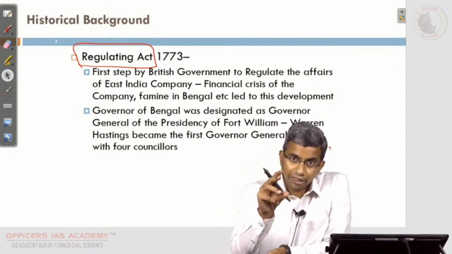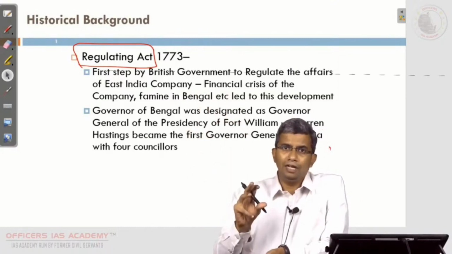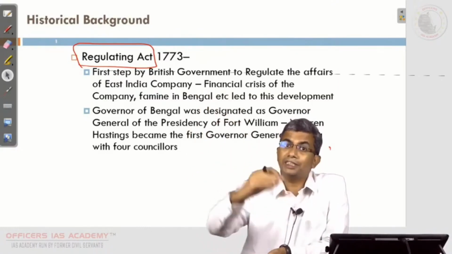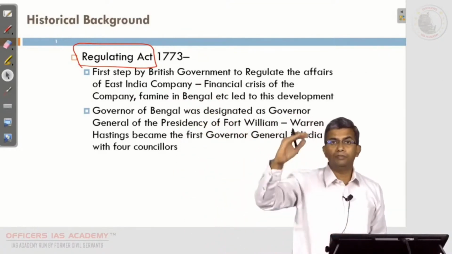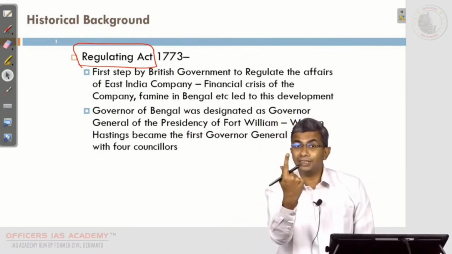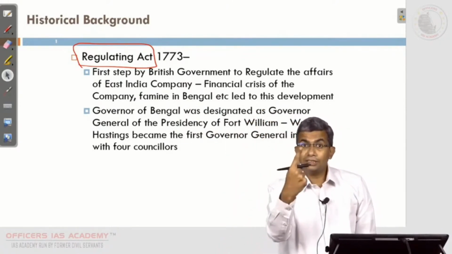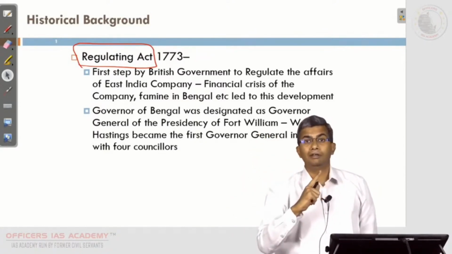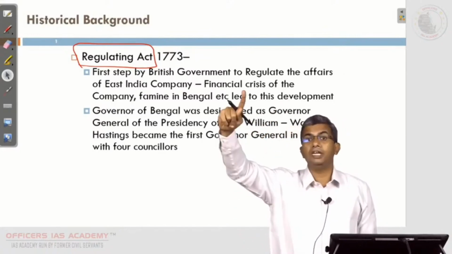He was the Governor General of the Presidency of Fort William in Bengal. But the other presidencies, for some of the aspects, were brought under his control. So he was the first Governor General in India. But the first Governor General of British India as a whole, based on the Charter Act of 1833, was Lord William Bentinck.